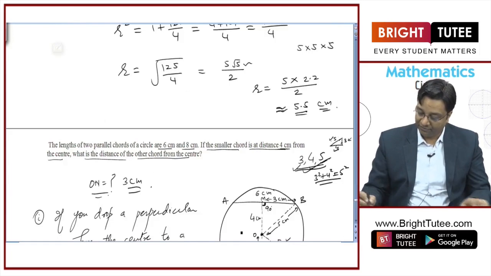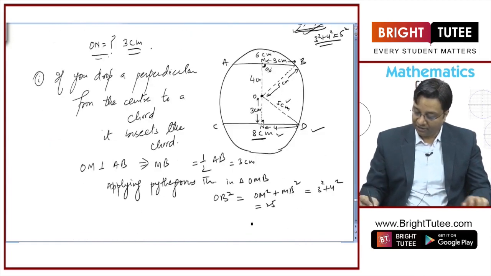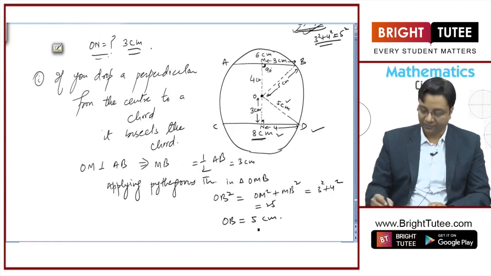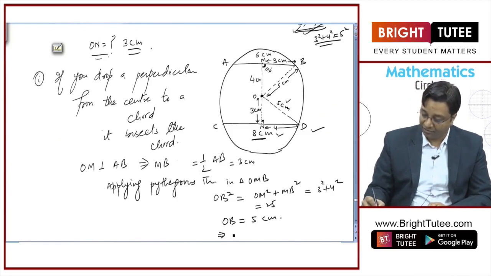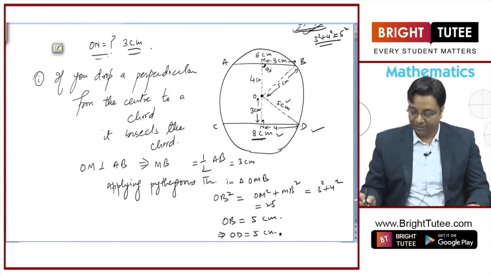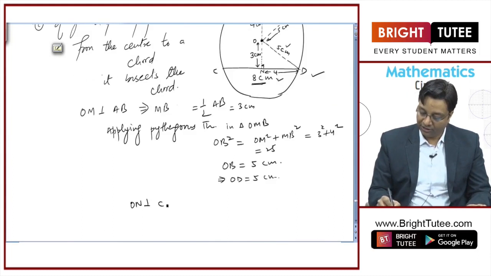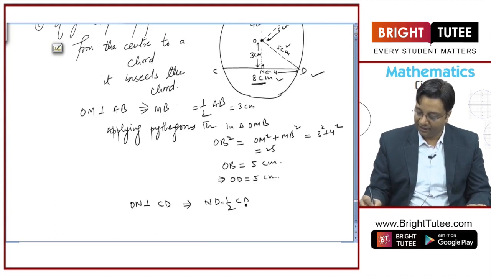And now you will obtain the radius of this circle, that is OB, equals 5 centimeter. So if OB is 5 centimeter, this would imply that OD is also 5 centimeter, right? And ON being perpendicular to CD, this would imply ND is half of CD, that is equal to 4 centimeter.